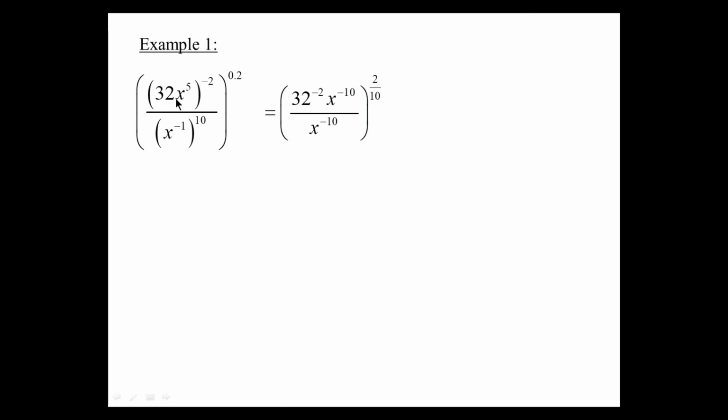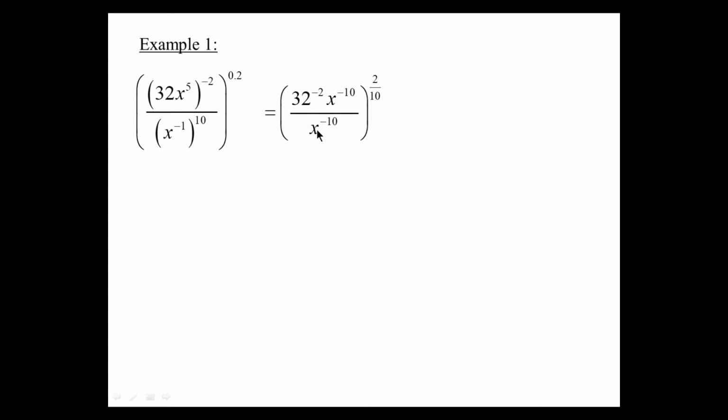But since it's 32 times x to the 5th, I can apply that -2 to both of those factors. And we get 32 to the -2 and x to the -10, because in that configuration you multiply. And this will be x to the -10 as well. And 0.2 is 2/10. So we've taken a big step towards simplifying.